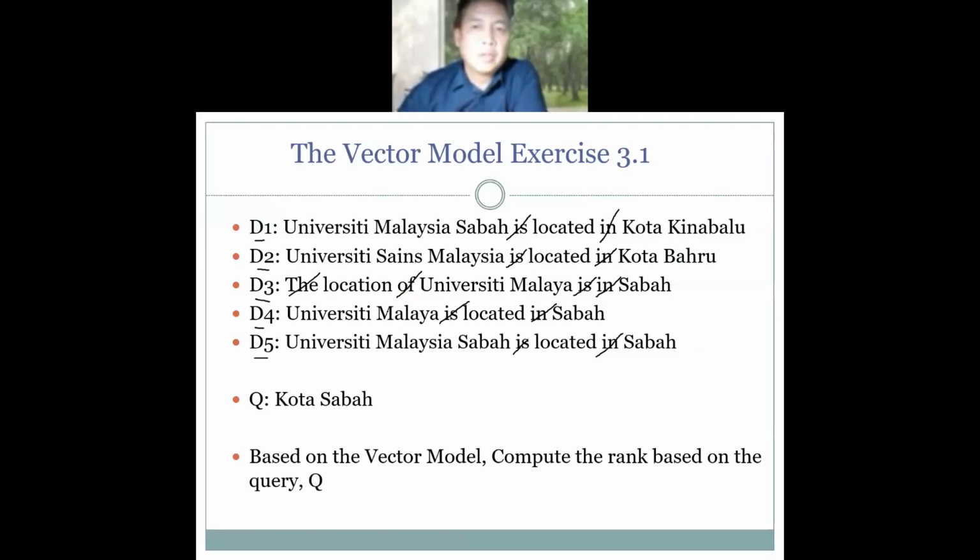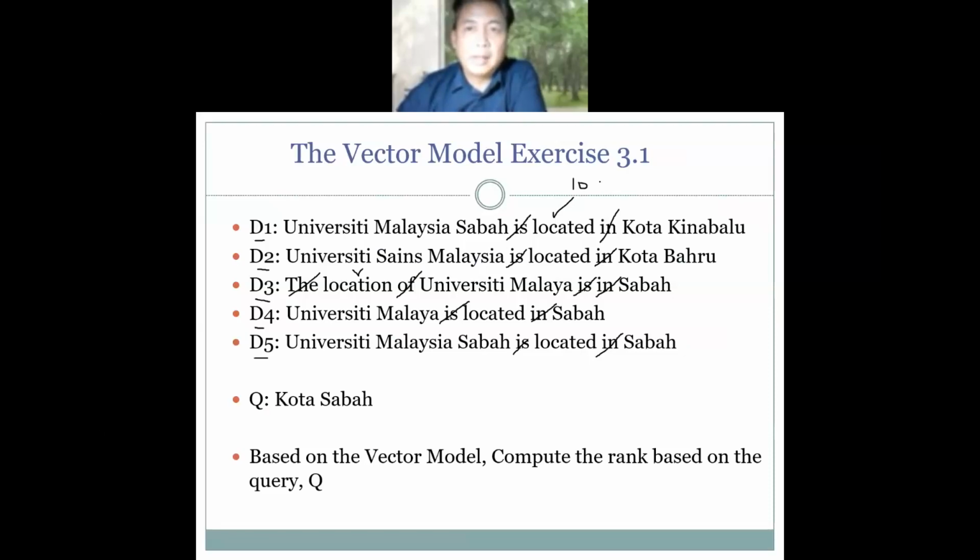They carry no meaning. At the same time, for locate, we have this and this. You don't count them as two different terms, because we assume we perform stemming.